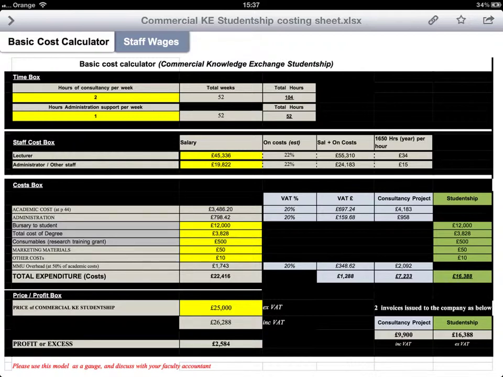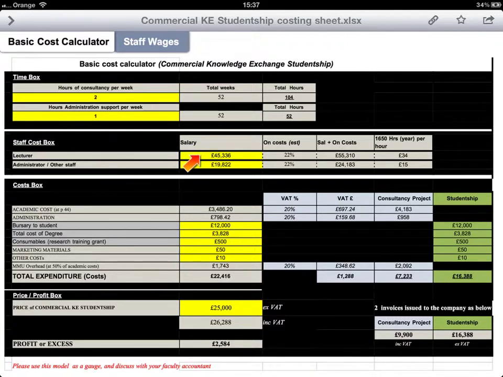So, given the hours of consultancy and the total weeks, we now have a price for a lecturer. This is dependent on the lecturer's wages. Here you'll see we've got 45,336. If you click on this block, you'll see a drop-down menu.